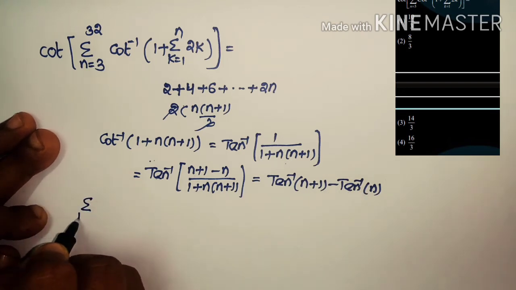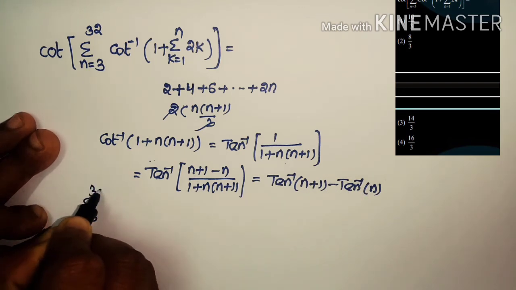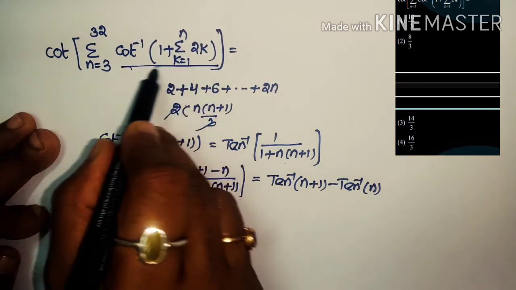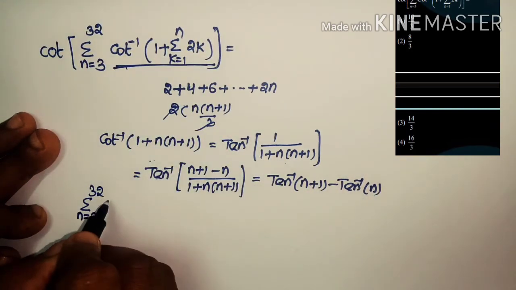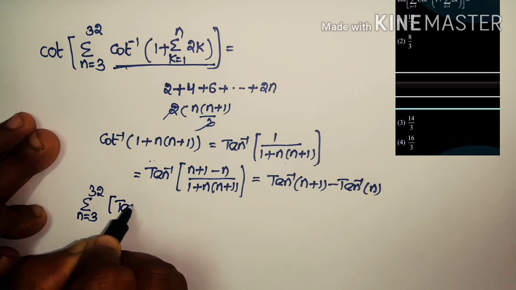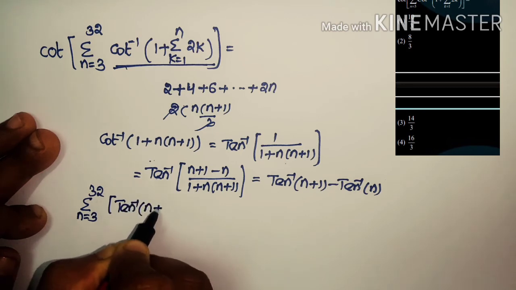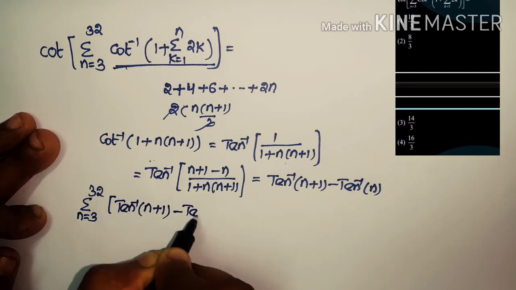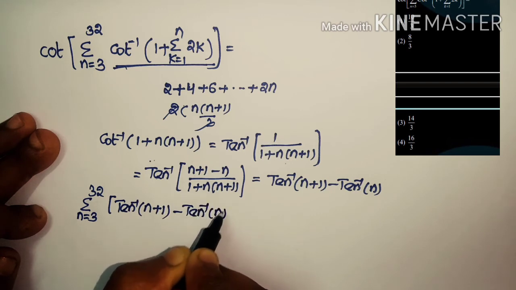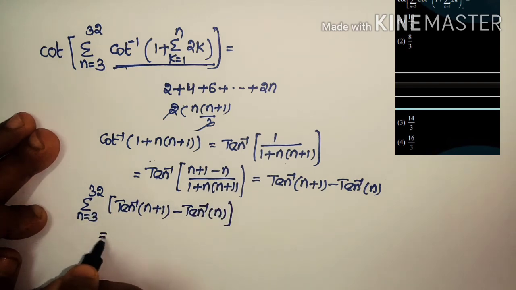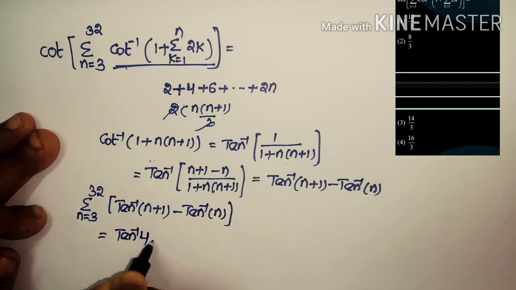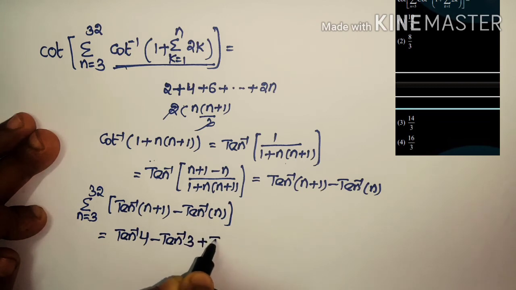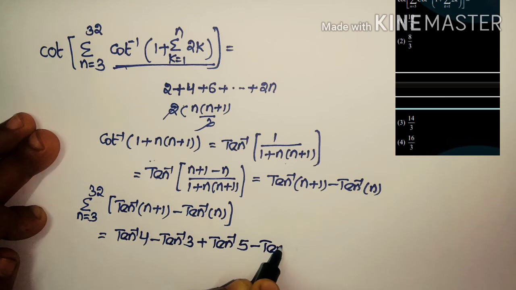Therefore sigma n equal to 3 to 32, in place of this total term, we are writing this value, which is equal to tan inverse of n plus 1 minus tan inverse of n. Now replacing the n value here. First when we take n equal to 3, it returns tan inverse of 4 minus tan inverse of 3. And when we take n equal to 4, it returns tan inverse of 5 minus tan inverse of 4.